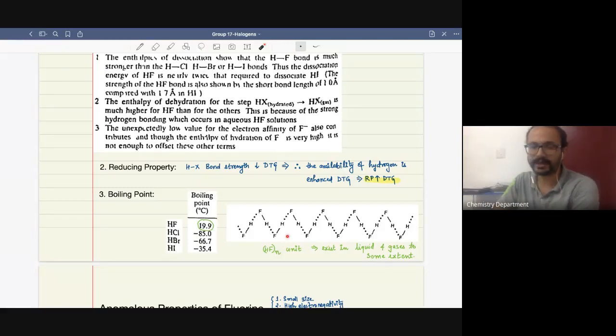Because of this intermolecular hydrogen bonding and the structure it adopts, HF shows an abnormally high boiling point.